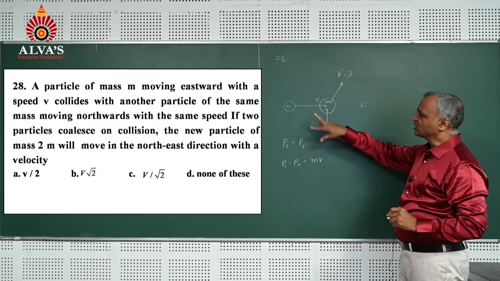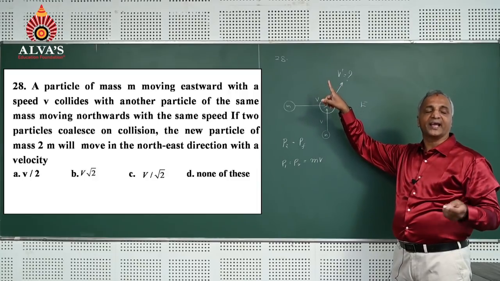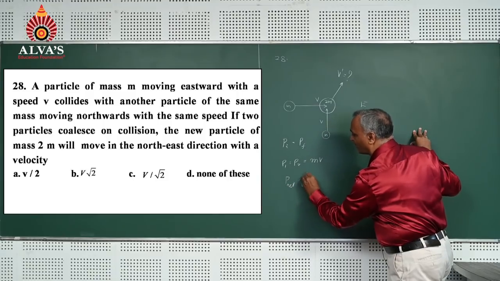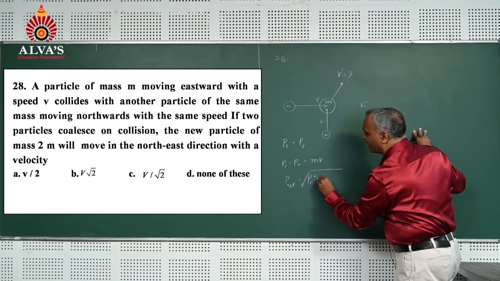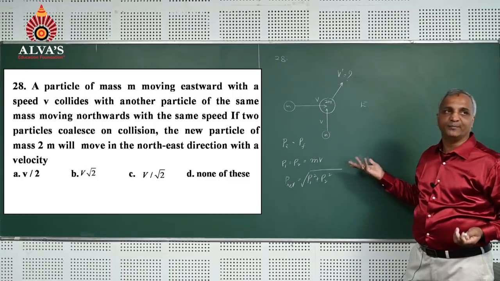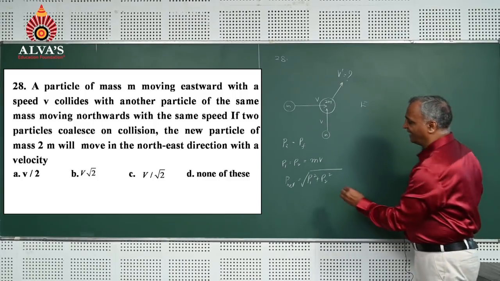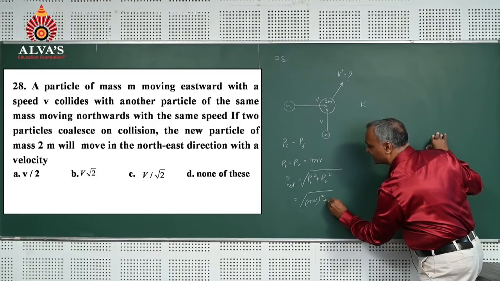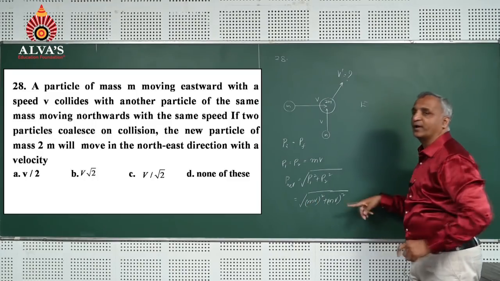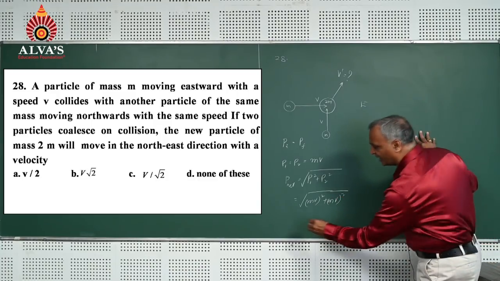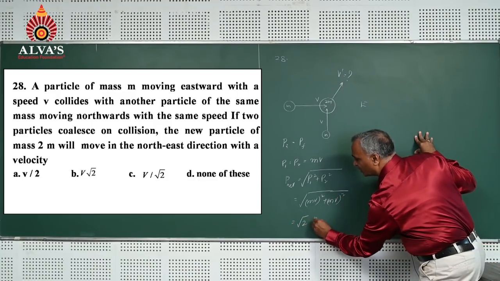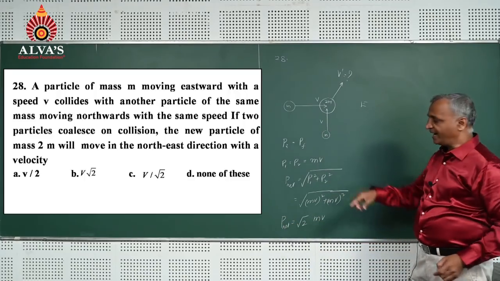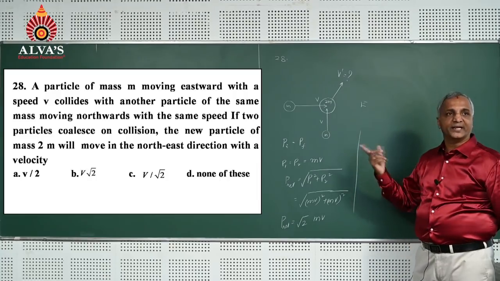But these two are acting at an angle of 90 degrees, and that's why the net momentum will be equal to square root of P1 square plus P2 square, and cos 90 becomes 0, the third term will not be there. So it is mv square plus mv square, so this is 2 into mv square under root, so it becomes root 2 into mv. This is the net momentum before, and so this must be equal to momentum after.